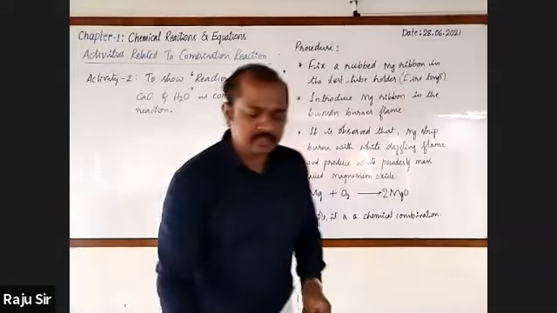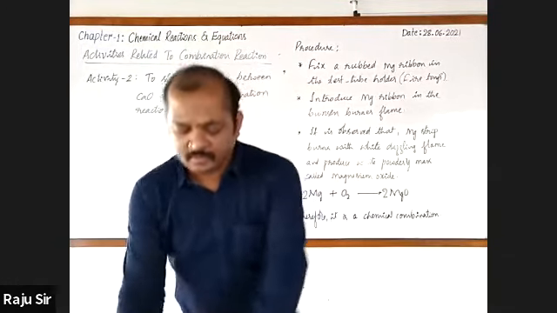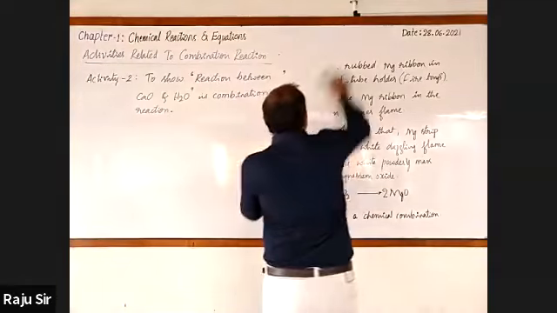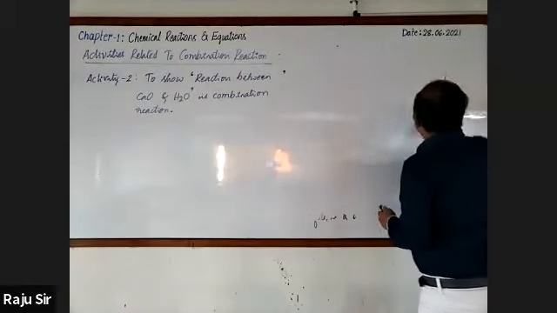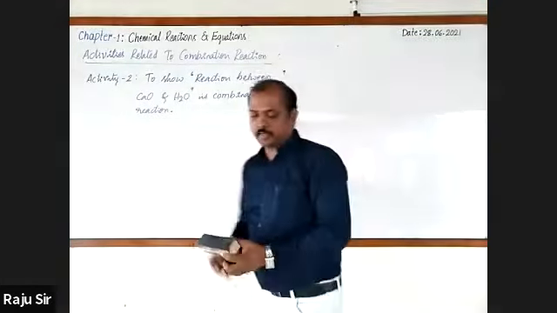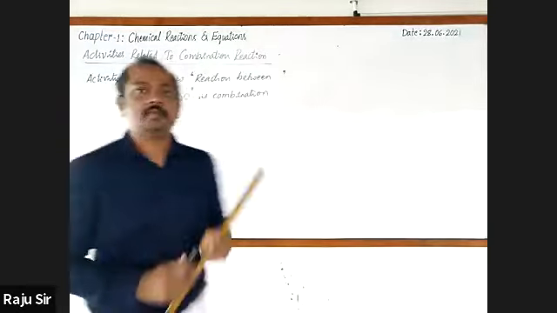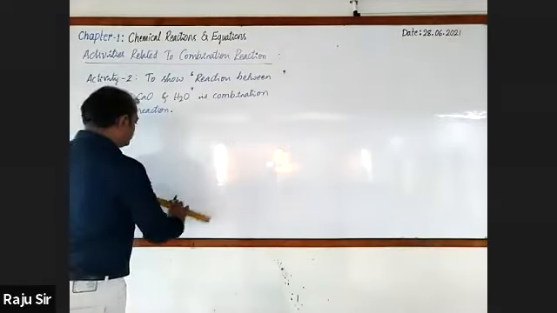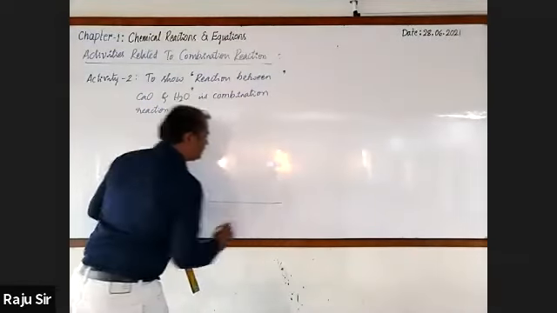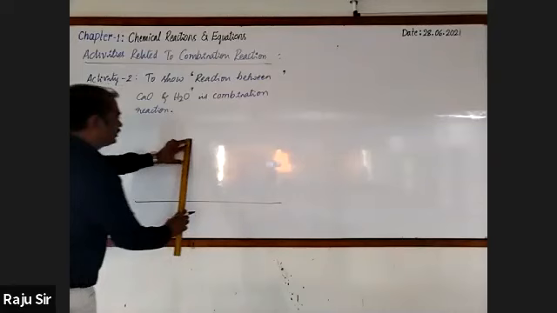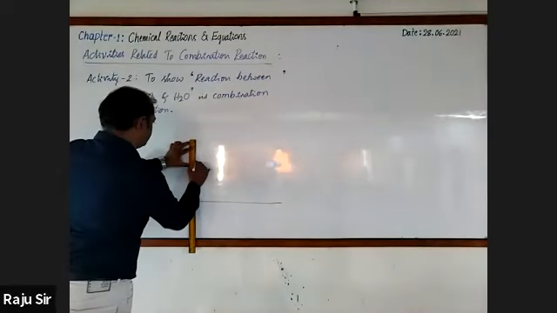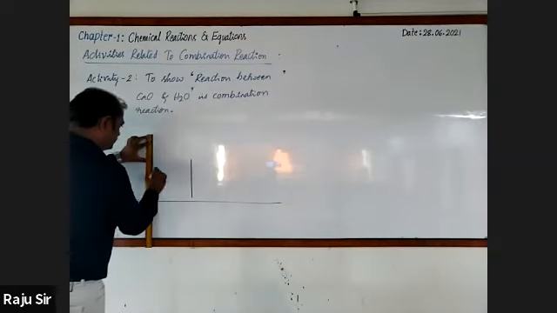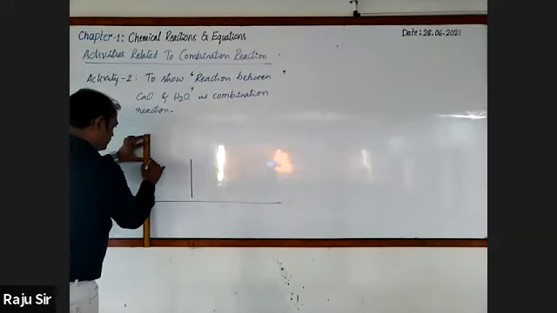This activity is also very simple, and we need to draw the figure with respect to this. Go on drawing with me. This is the experiment table. Here we are going to draw a beaker. This is a beaker.